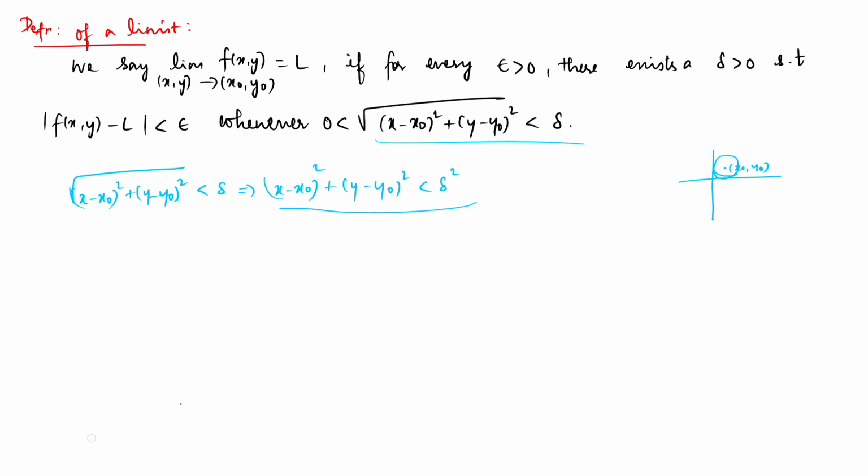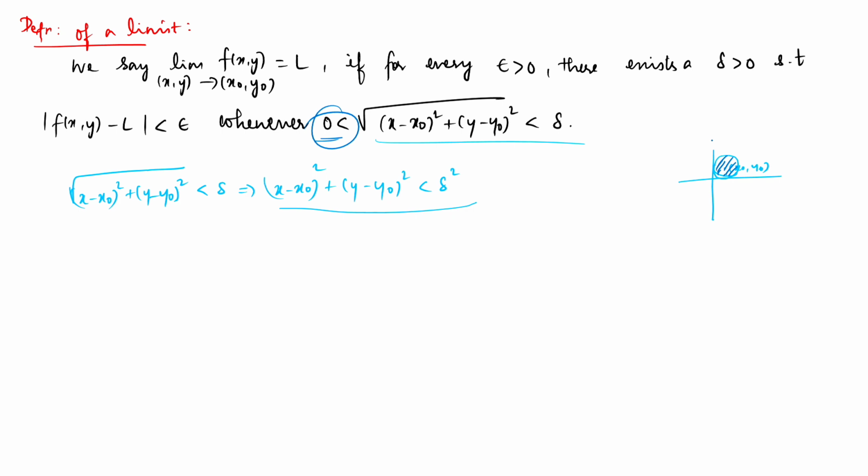It covers only the points inside the circle except the center, because we have omitted this 0. Actually, it is no more a circle; circle means only the boundary. We are covering the interiors of the circle, which means we have a disk.